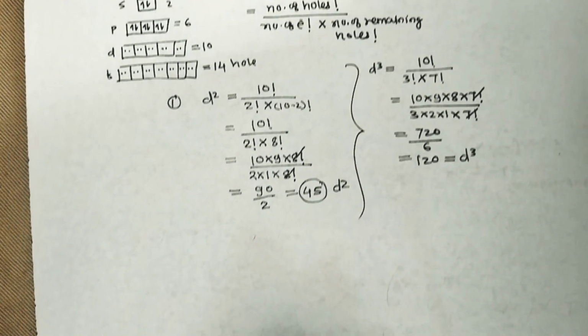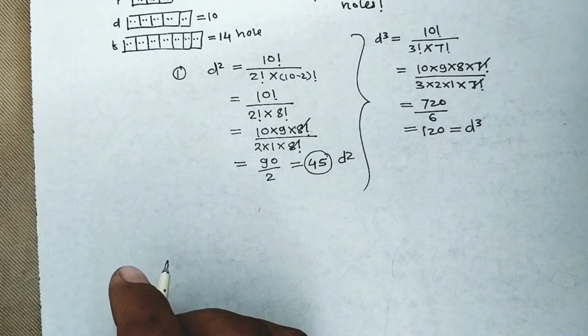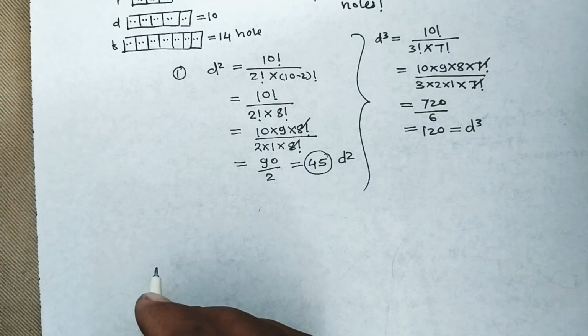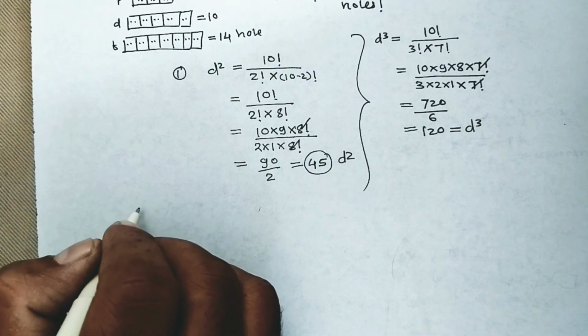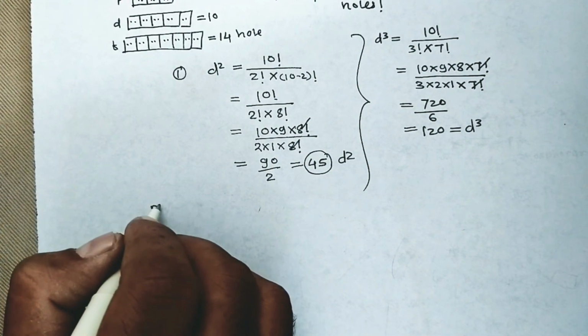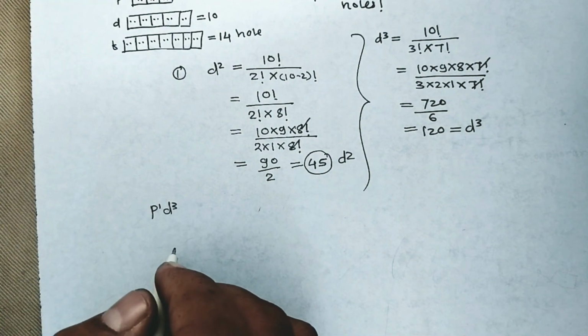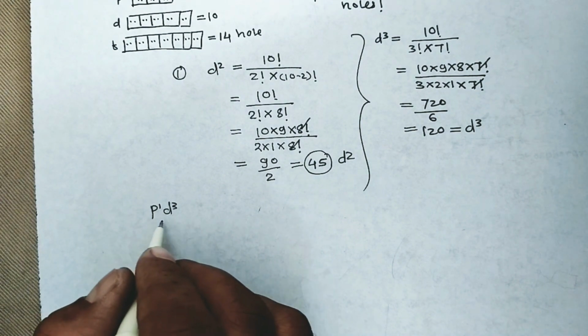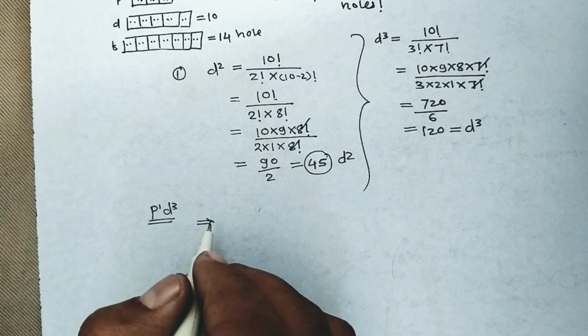If a combined configuration is given, then also you can calculate the number of microstates. Suppose, let us see one example. Calculate the number of microstates for p1 d3 configuration. Now use the same formula.